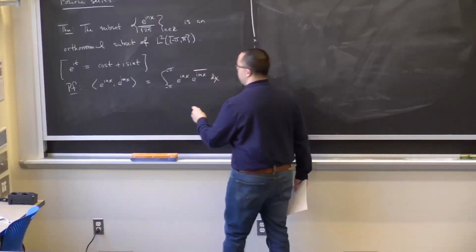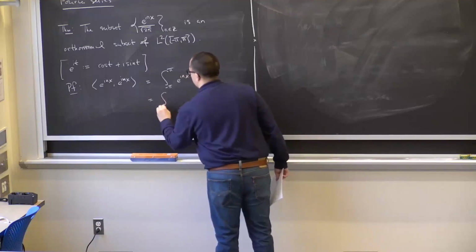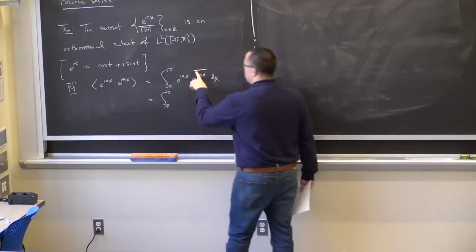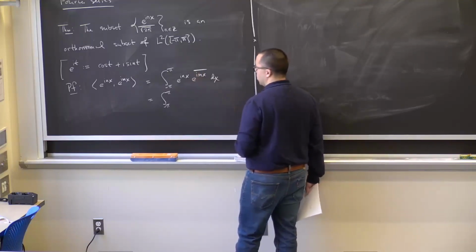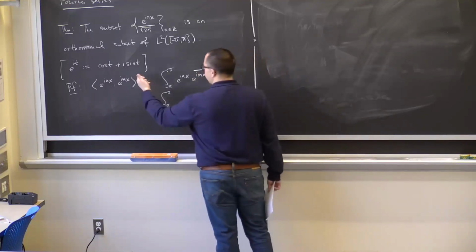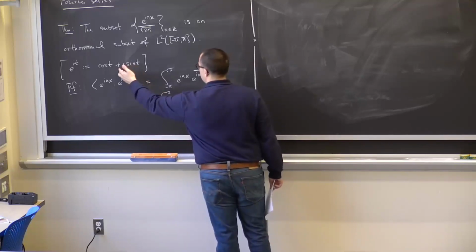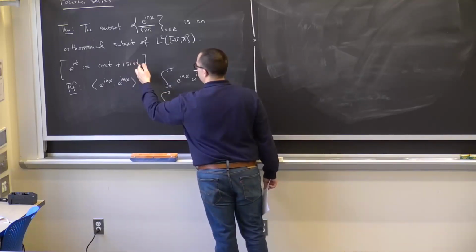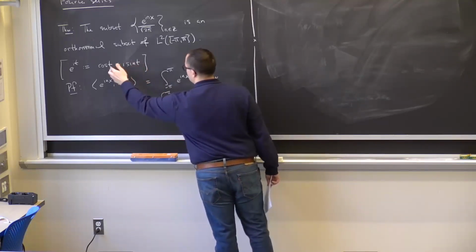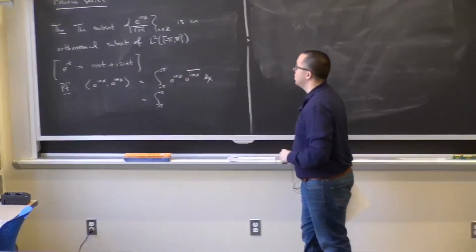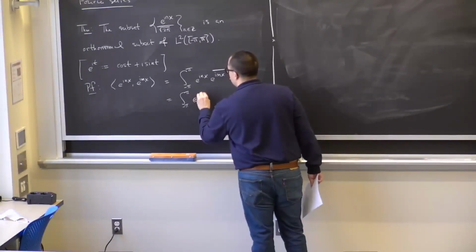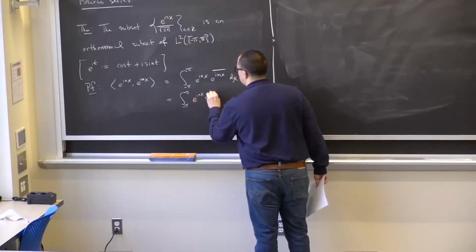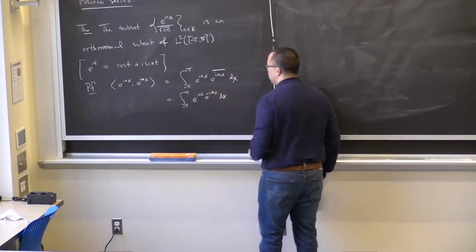And again, from the definition, when I take a complex conjugate, that flips this i to a minus i. Okay? And then I can take that minus that sits out here and put it in and make this a minus t here and a minus t there, since cosine t is even and sine t is odd. So then this becomes e to the i n x e to the minus i m x dx.